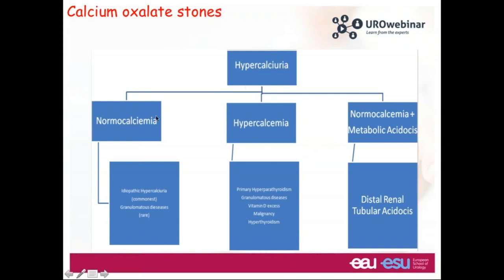So if you have a hypercalciuria and normal calcium in the blood, then you may have an idiopathic one, we don't know the cause of hypercalciuria. This is the commonest type. If you have hypercalcemia, think about hyperparathyroidism. And if you have metabolic acidosis, then RTA could be the cause.